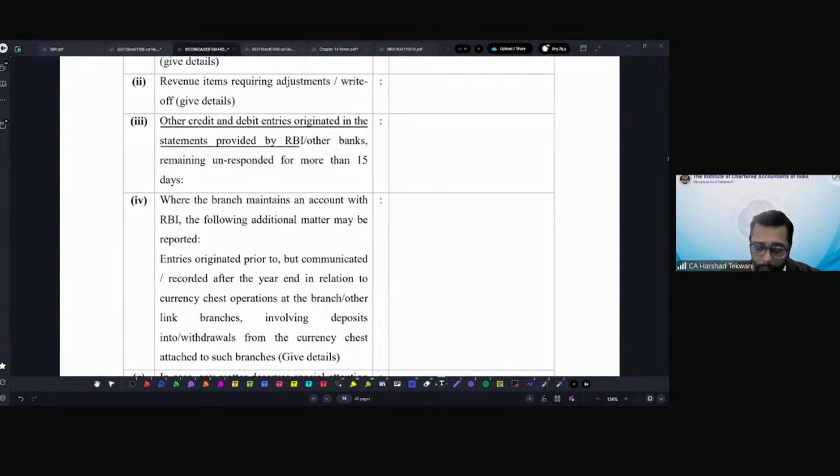And in the past also, I would say some of the frauds and scams were related to these interbank balances, or balances of banks with other entities. So that's why it becomes important for banks and branches to verify the balances from time to time.